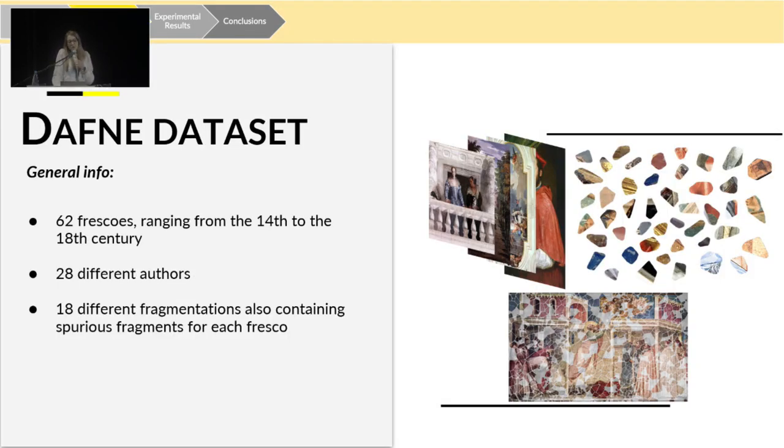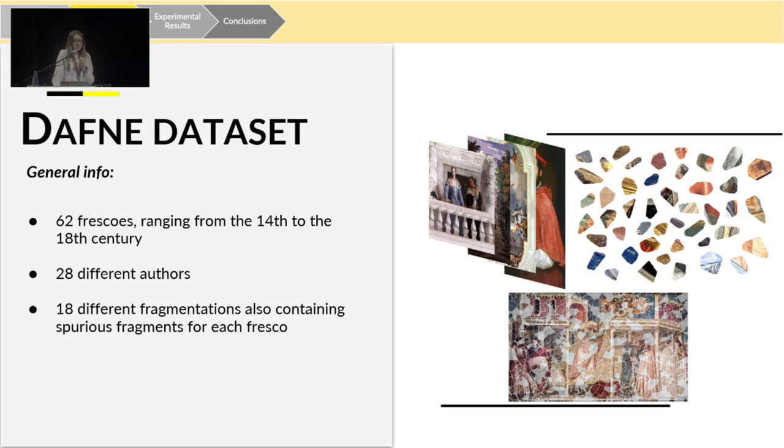To do this, we use the Daphne dataset, that is the largest collection of images of artificial fragments of artworks, and it contains 62 frescoes ranging from the 14th to the 18th century, made by 28 different authors.